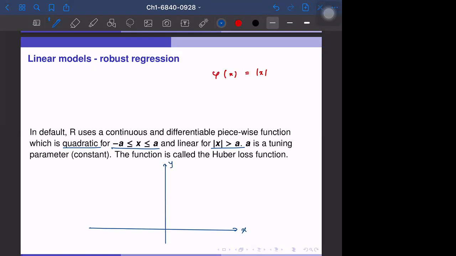The loss function is quadratic up to some point a, for x between negative a and positive a. After that, we have just a linear function. It is differentiable and continuous, but here it is linear. And the same thing for the positive side. So this is linear and quadratic.